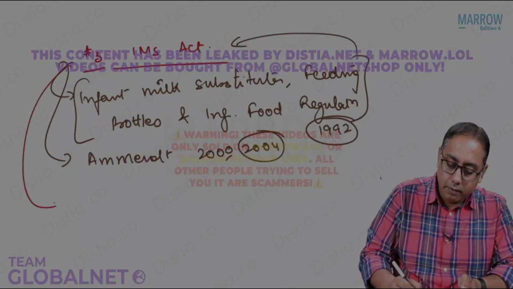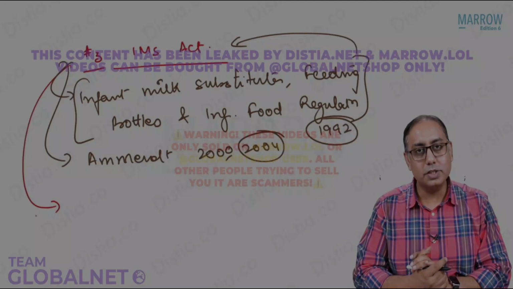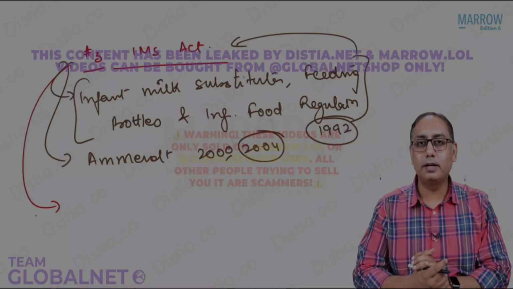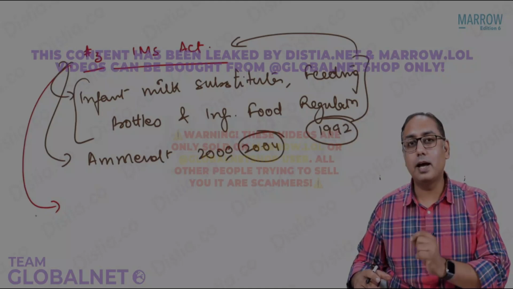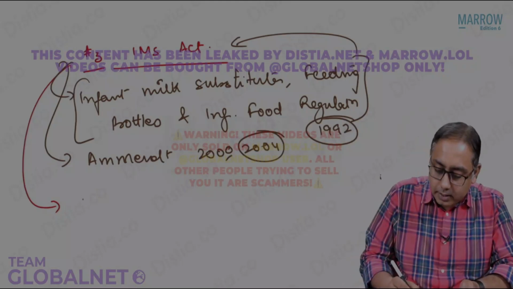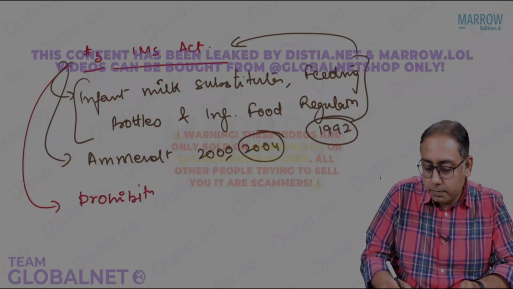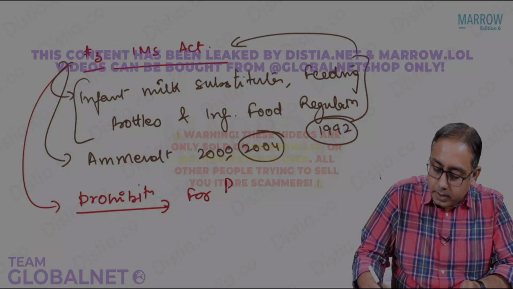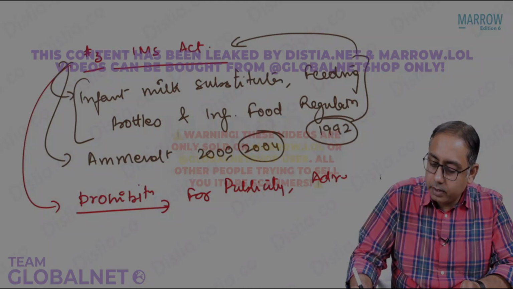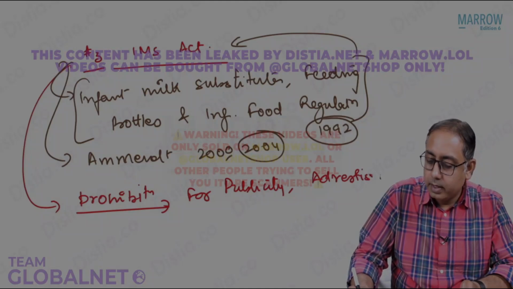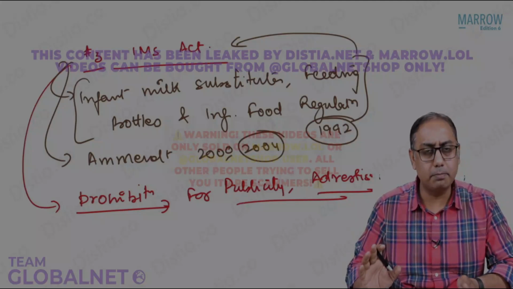What is the main focus of this IMS Act that you need to remember for your questions or your exams? Please know that under this act, the agencies or the organizations have been prohibited. There is a ban on publicity or advertisements of the infant feeding substitutes, milk substitutes products.